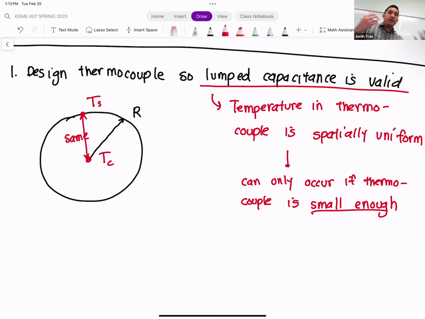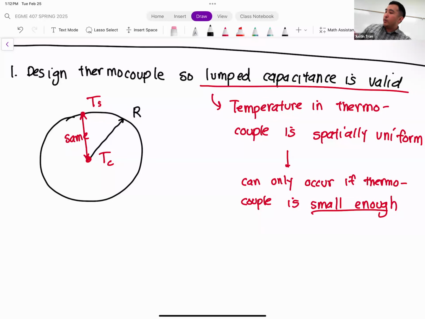Of course, it's not just limited to small objects, but that's what you see most often. So for the lump capacitance method to be valid, it places an upper limit on what our radius can be. Conceptually, that's what it means for the method to be valid.